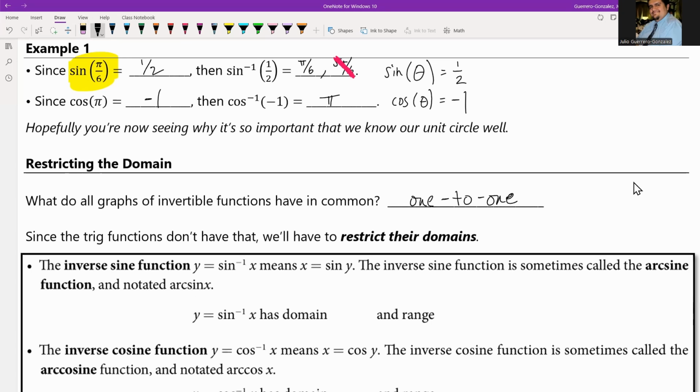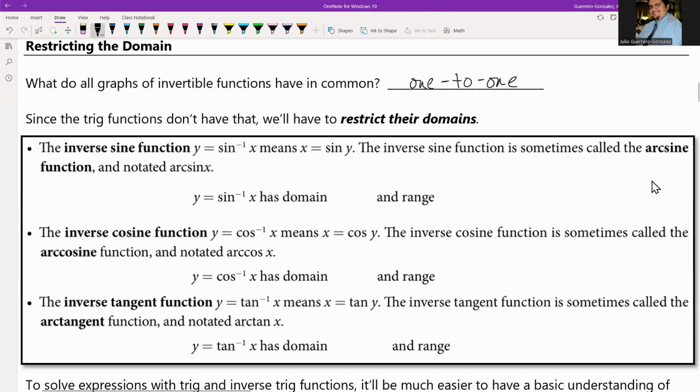We've seen what is going to happen here before. There are certain functions where we have to essentially cut certain parts of our function out and make it 1-to-1, and that's exactly what we have to do with sine, cosine, and tangent. So for all three of these, we have to reduce their domain.